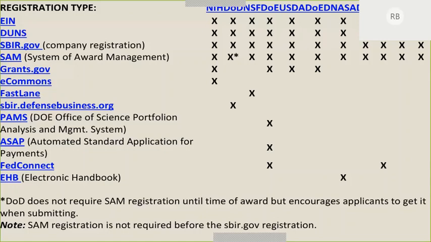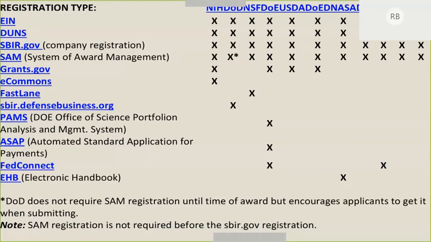The SBIR Defense Business Organization. So these are all the agencies, and if you look at the ones that you want to work with, you've got to make sure that you're not looking at 5 agencies that all, well, not all 5 will go to grants.gov, but the ones that, if you're looking for grants, DOE, USDA, National Science, not National Science Foundation, but NIH.